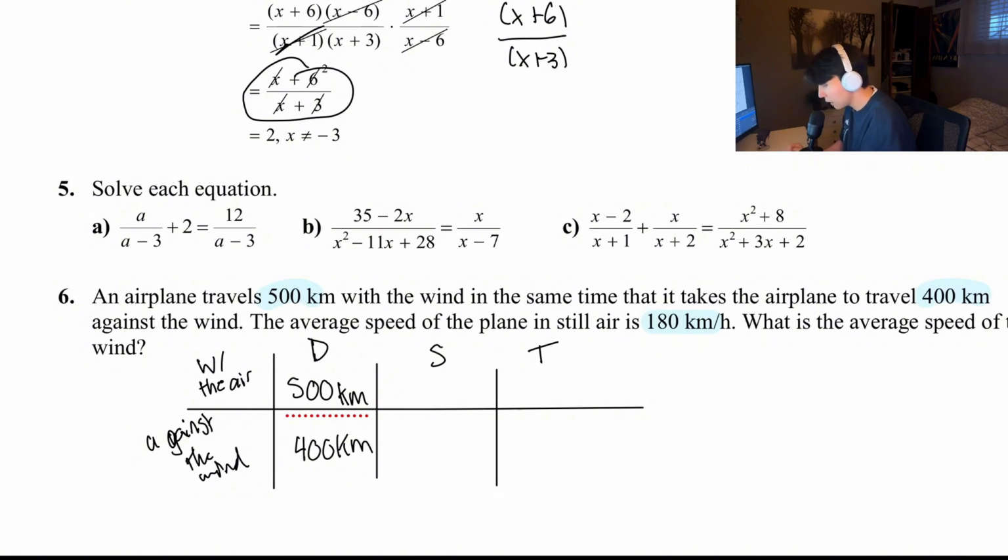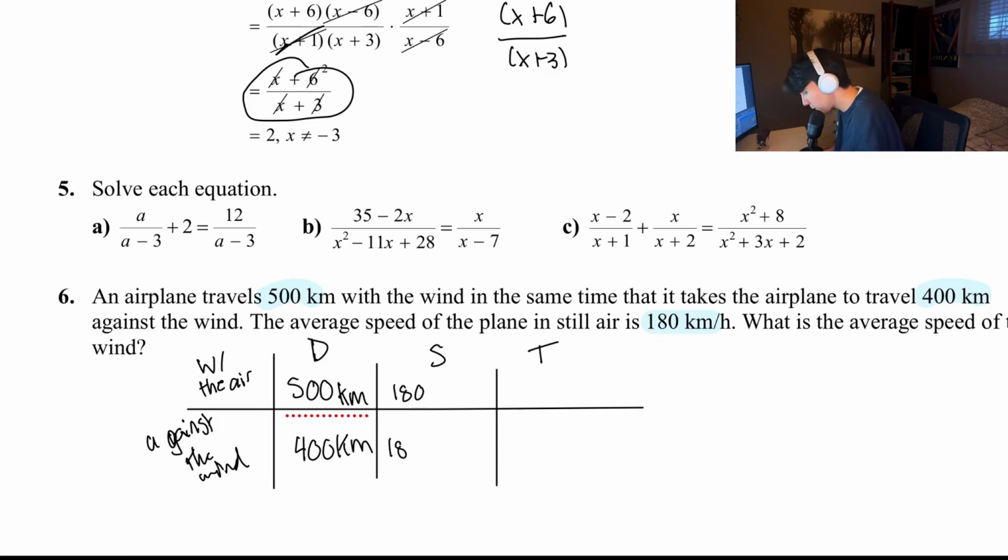Our speed of the plane in still air. So still air means the air has no effect on the speed of the plane. You're going to notice that these two are both affected by the speed of the plane, so this is the speed normally without any external factors. The external factor is the air contributing to its speed. So we have 180 for both.